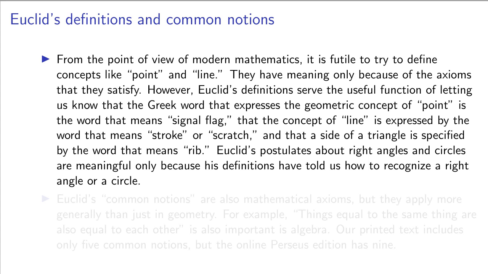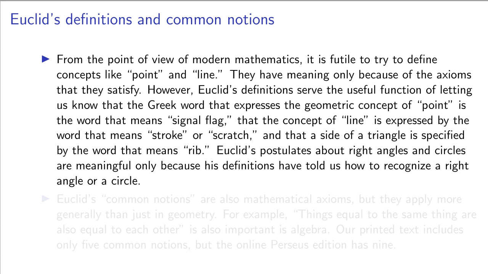However, the definitions in Euclid are going to be very useful for us because while we're familiar with the concept of a point, it's news to us until we read Euclid's definitions that the Greek word semeion, which means signal flag, same root as in semaphore, is the word that Euclid uses for a point.